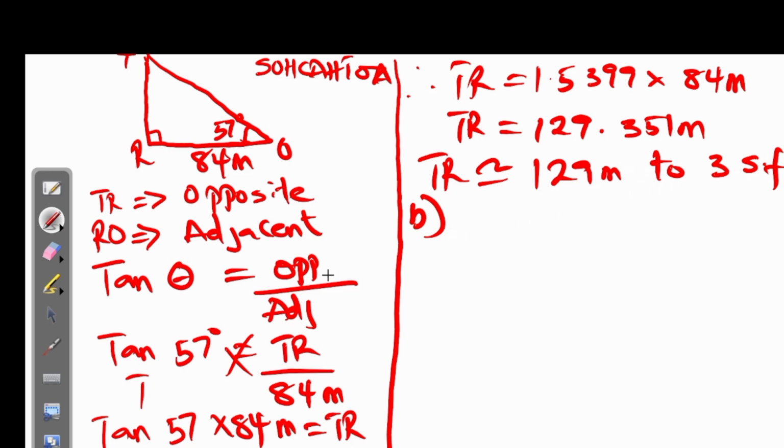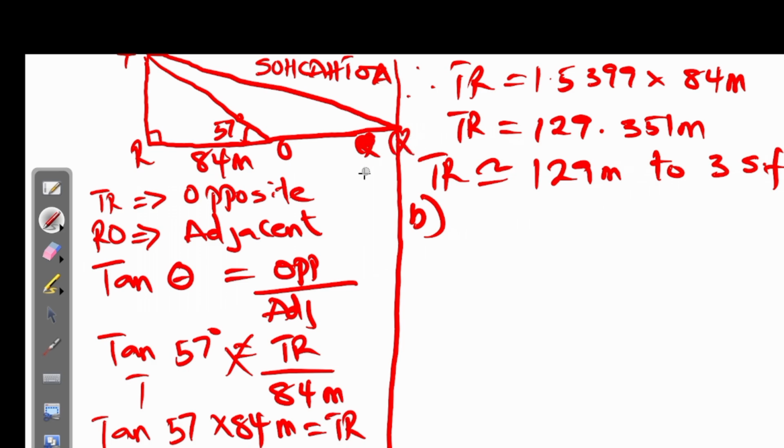Now, the second part of the question, the observer at O moves away to a new point. Let's call this Q. Q is here.